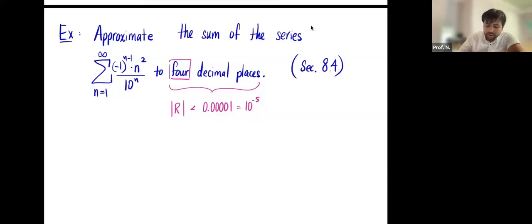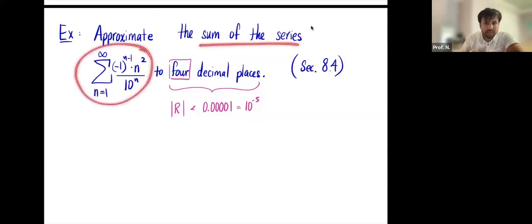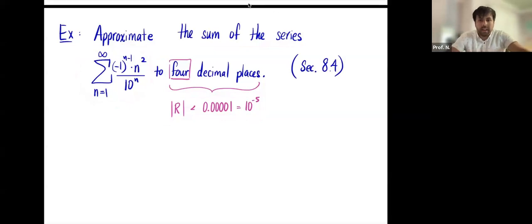So again, I want to find the sum of the series so that it's accurate to the 4 decimal places, which means that if I were to subtract the partial sum from the actual sum of the series, whichever that may be, then I would be accurate in the first 4 decimal places.